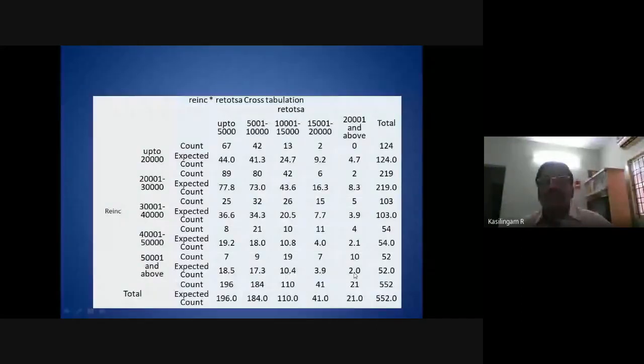Now let us look at this one. Here 5. So now this one 6. This one no problem, this one no problem. Which means in this column 4 cells have expected count less than 5. Here 2 cells. So 6 cells have expected count less than 5.